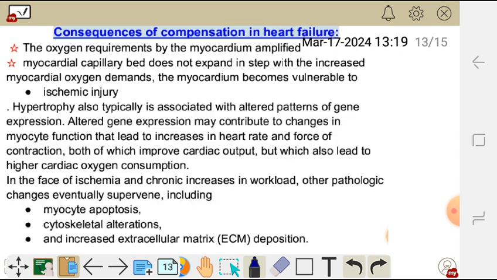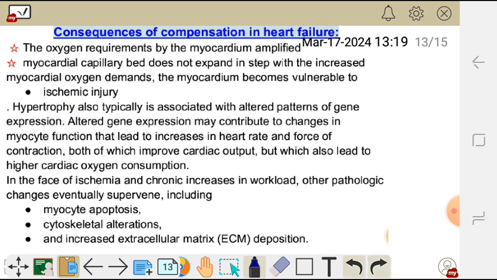As a result, oxygen demand will increase, and if it increases without capillary formation, that will lead to ischemic injury. Okay, so the myocardial capillary bed does not expand in step with the increased myocardial oxygen demands.